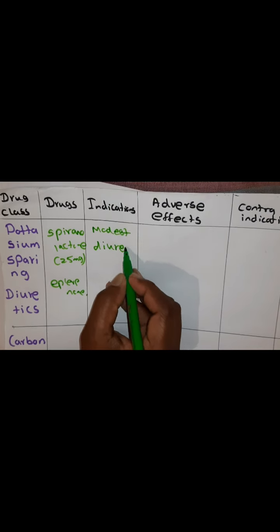Potassium sparing diuretics are used as modest diuretics, and also for the treatment of resistant hypertension, where the thiazide doesn't work.